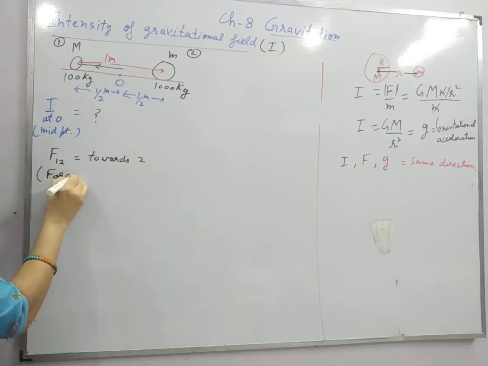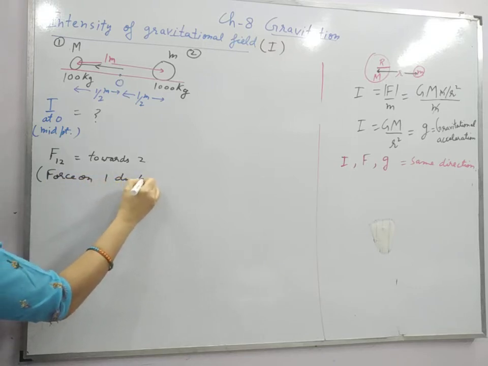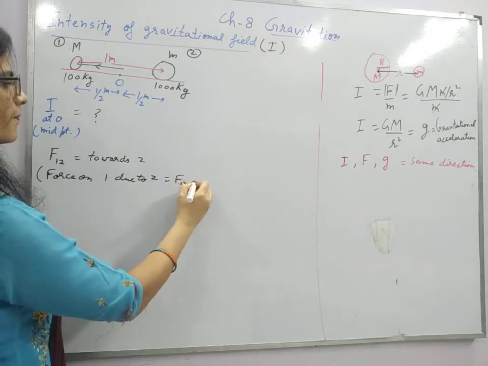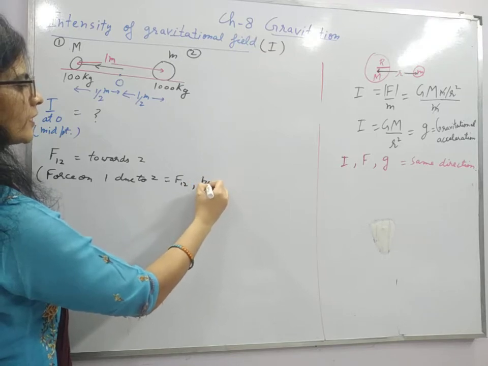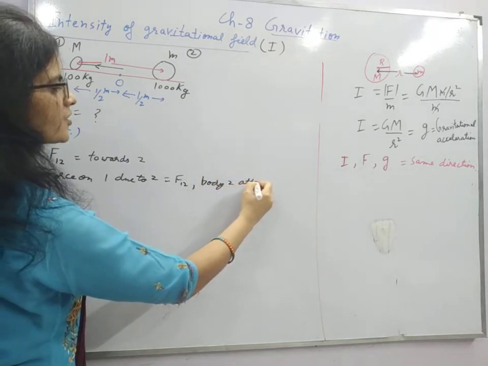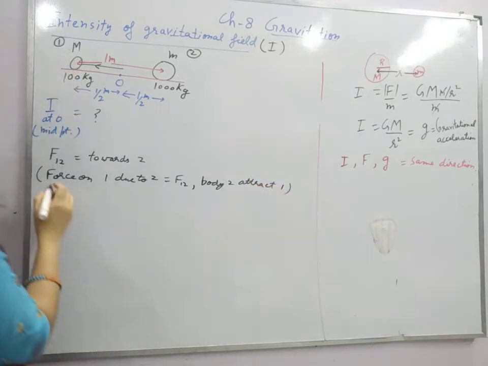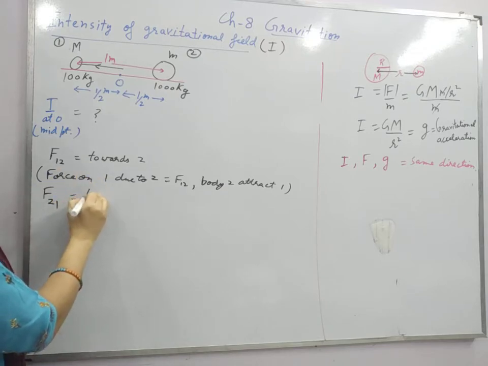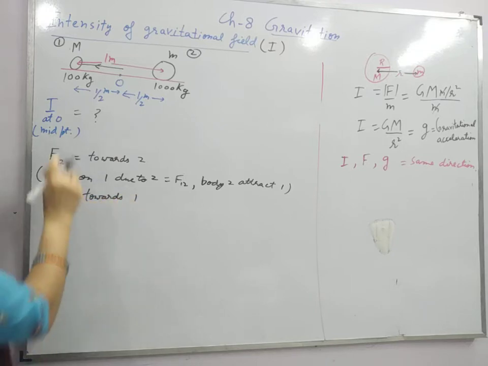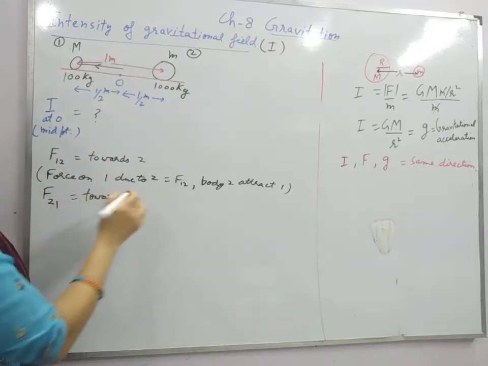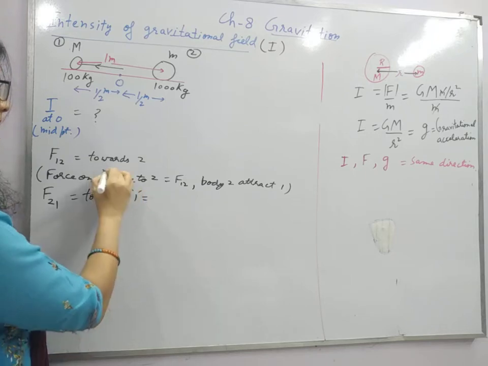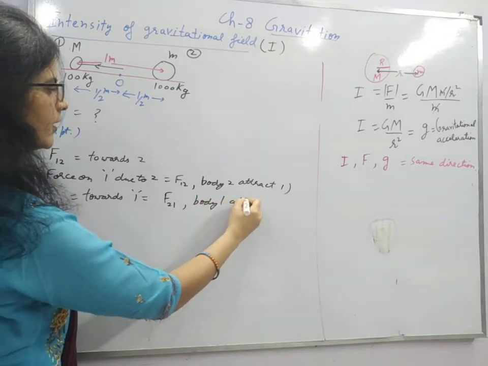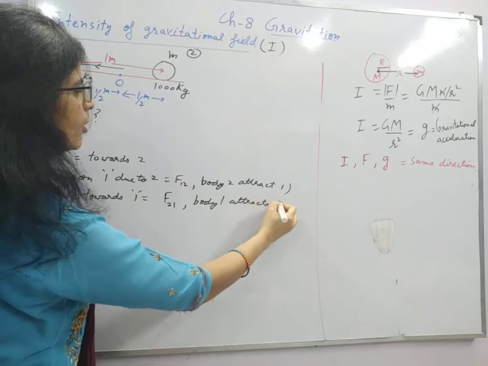Because body 2 attracts 1. Similarly, force on 2 due to 1 will be towards 1, because body 1 attracts body 2.